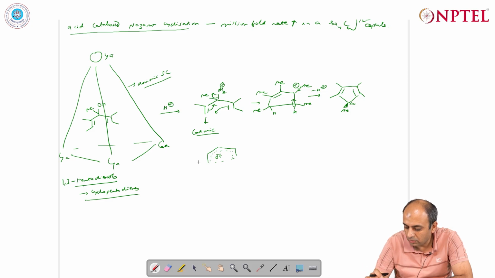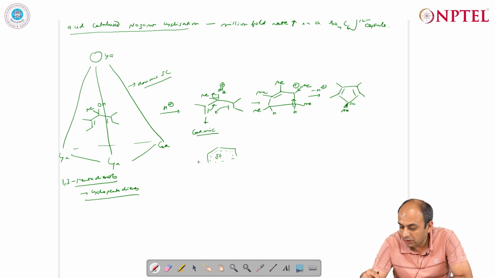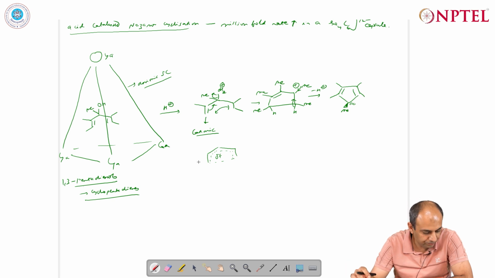So, this transition state is now easily achieved, and therefore, this particular supramolecular cage is able to lower the activation energy necessary to take the reaction across this transition state and form the product.